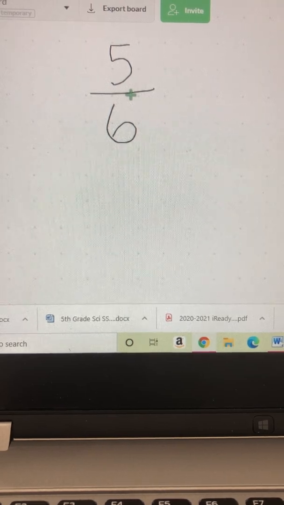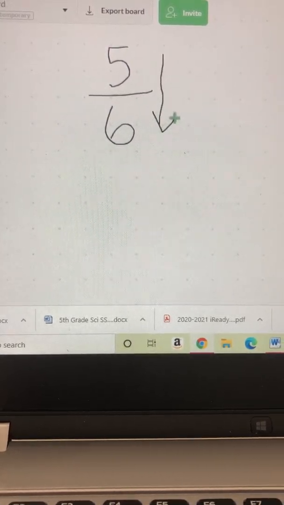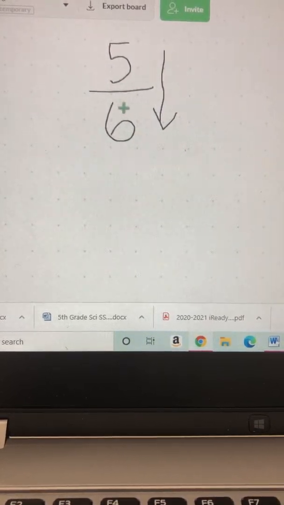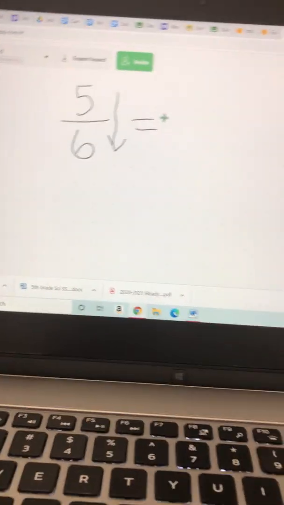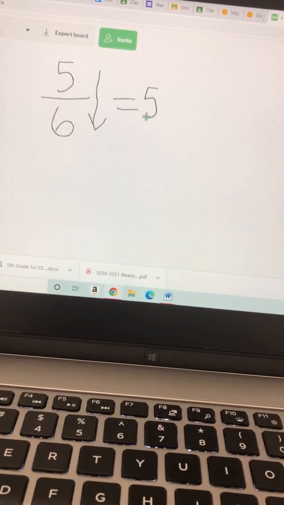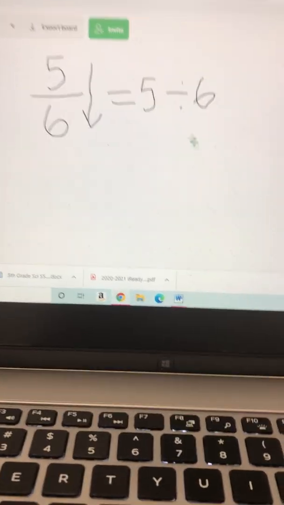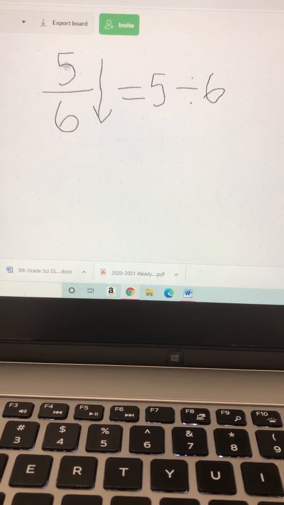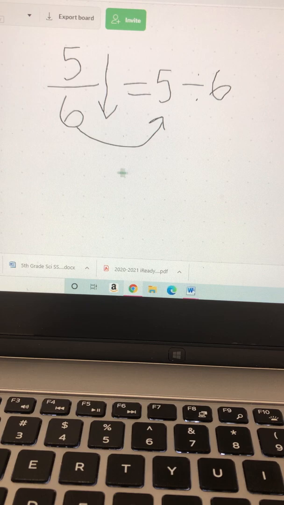When I read this from top to bottom, besides 5 over 6 or 5/6, we can also read this as 5 divided by 6. Both of these are equal to one another. We can write fractions as division and vice versa.